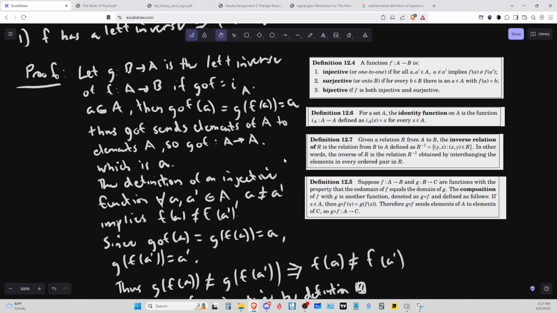Try to understand why g of f doesn't equal g of f prime means f doesn't equal f prime.